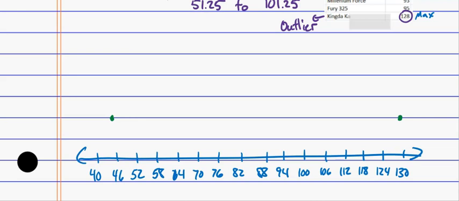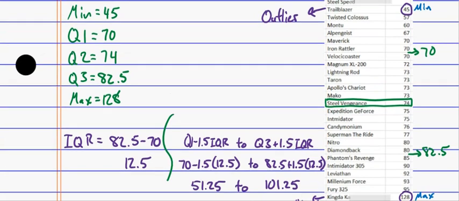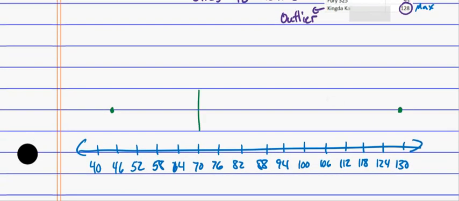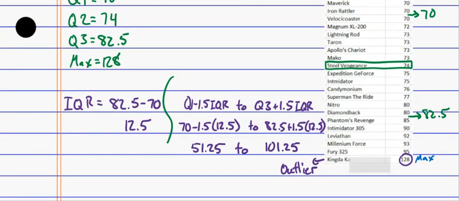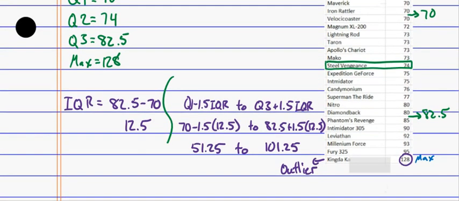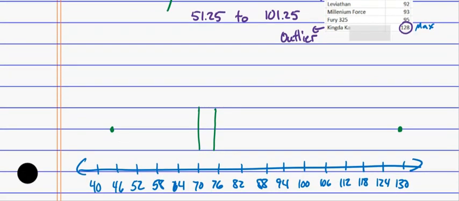Then for the quartiles, I go back and look. We've got 70 right here, 74 is going to be right around in here, and 82.5 is going to be right around here somewhere.